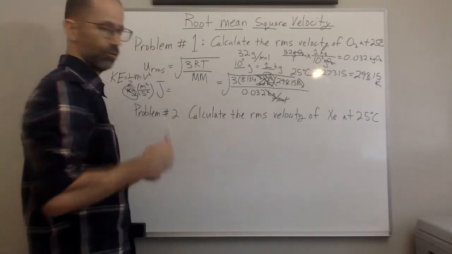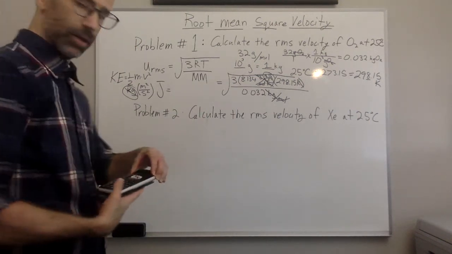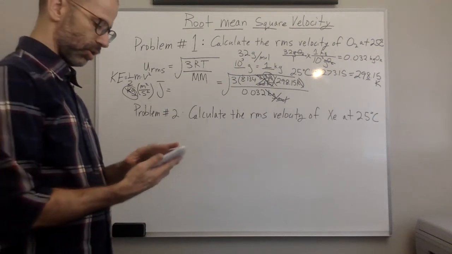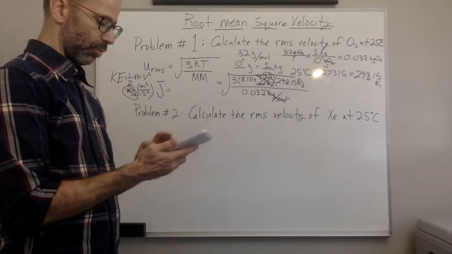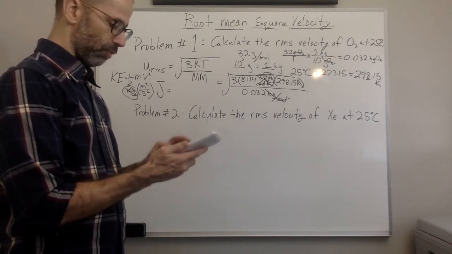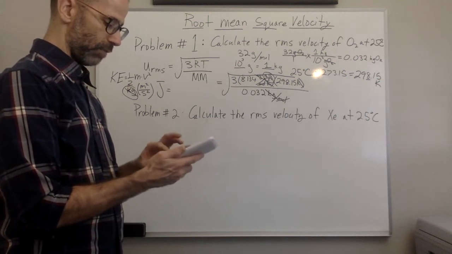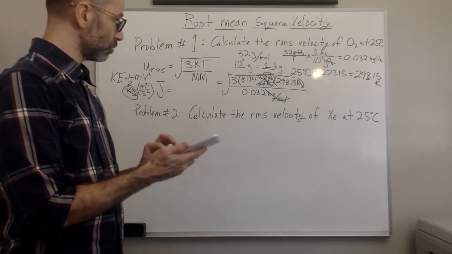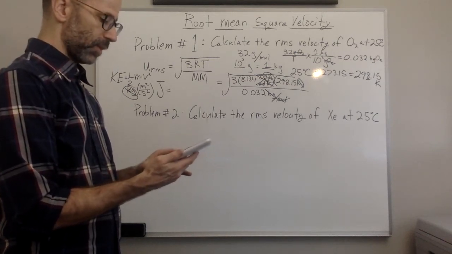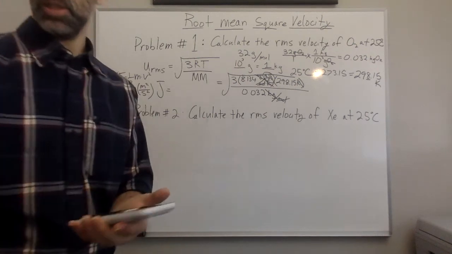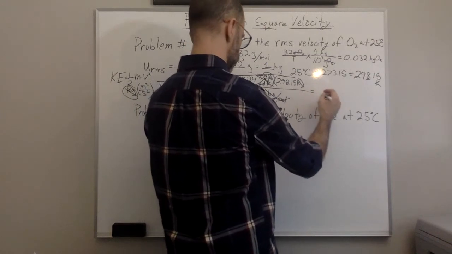Okay, so now all I need to do is put this into my trusty calculator. So I get 3 times 8.314 times 298.15 divided by 0.032 equals, and I get a very large number.